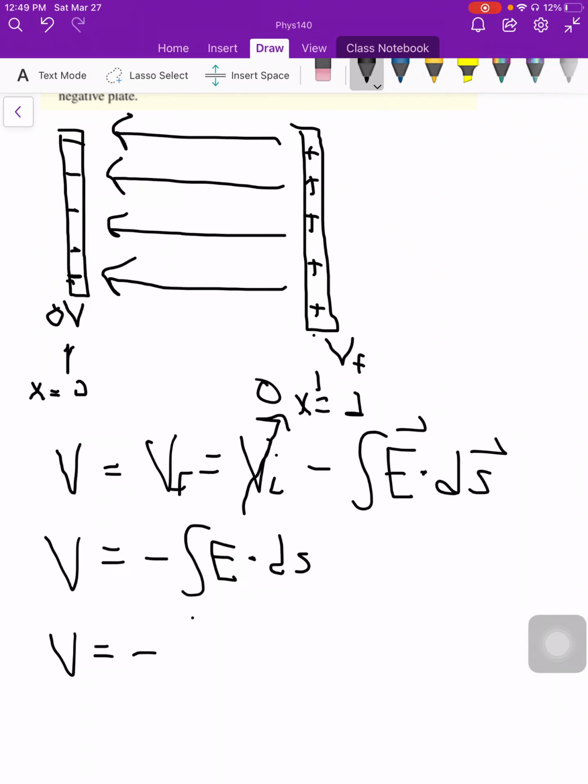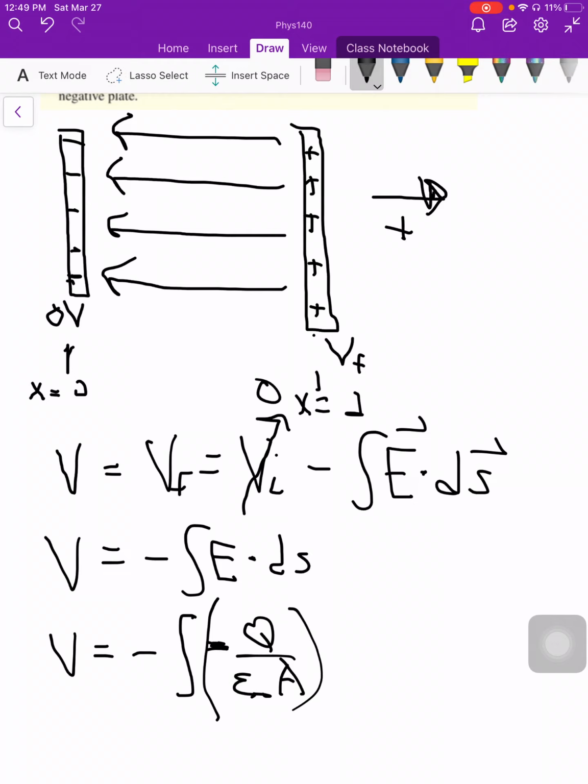So that tells me that my E is actually a negative Q over epsilon naught times A. Right, and why is that? Because I'm saying that the positive direction is to the right, so that's positive x. So my E is to the left, so that's where the negative comes in, and then my ds is really dx. And I'm evaluating this from 0 to d.